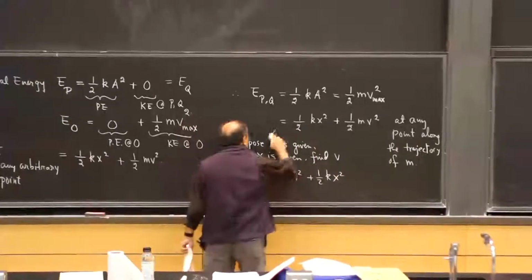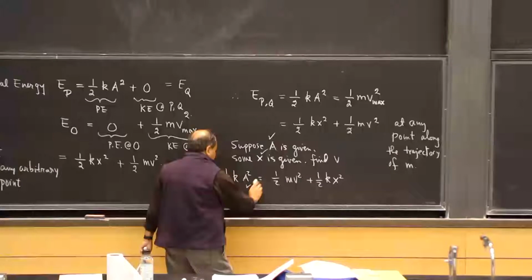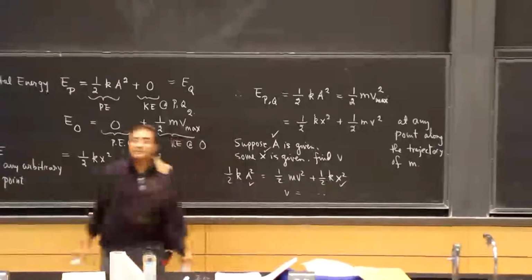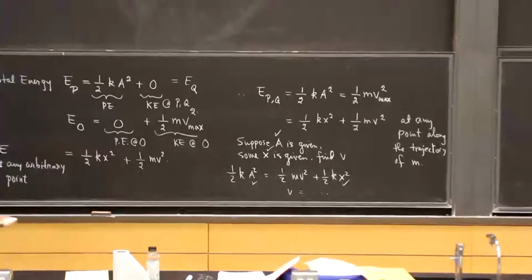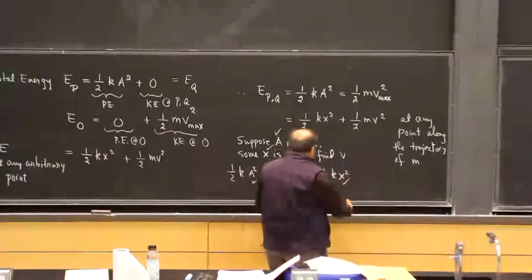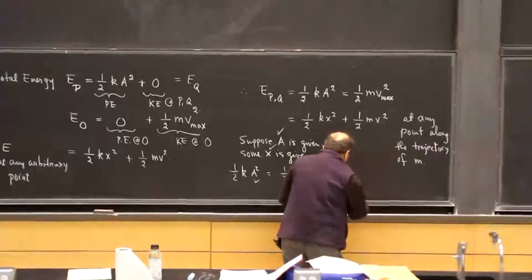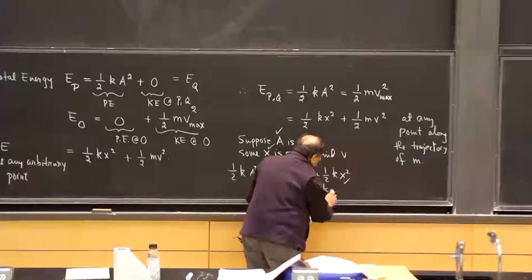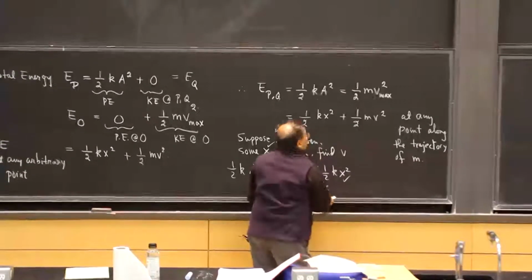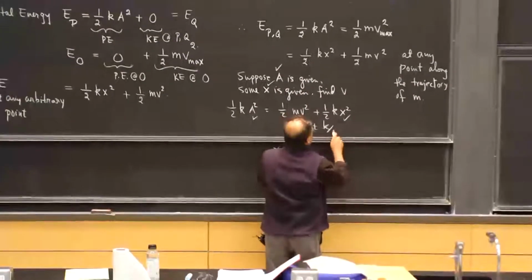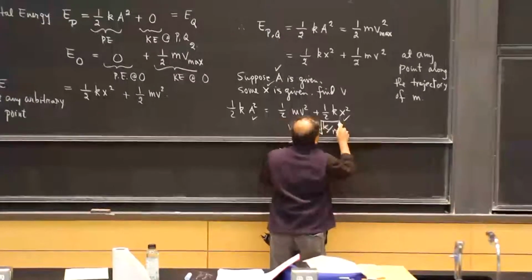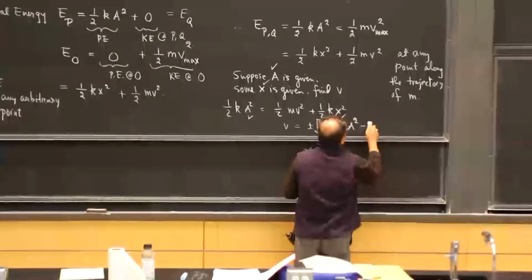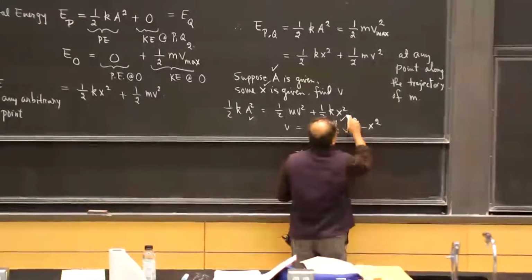So if I know A and I know x, I can calculate what v should be. Simple. And just to give you the formula, if you do the calculation, the halves go away, and the answer should be plus minus the square root of k over m, times the square root of a squared minus x squared.